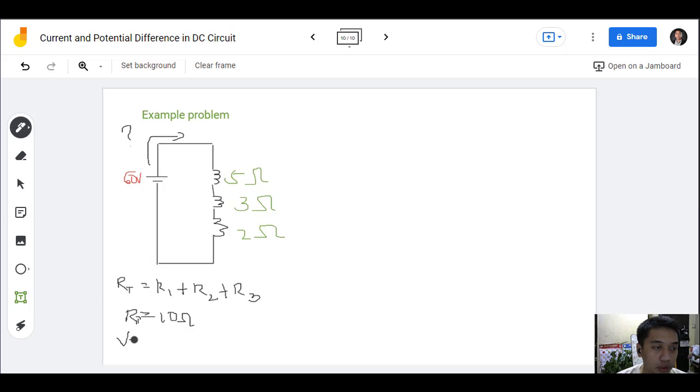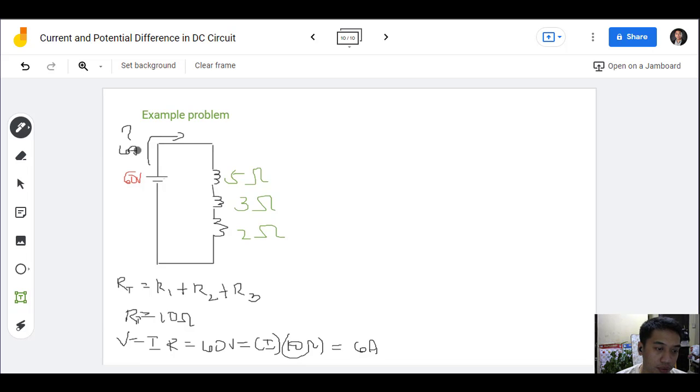So let us use Ohm's law. V is equal to I times R. So our voltage is 60 volts is equal to the unknown current times 10 ohms, our total resistance. So let us divide, that will be equivalent to 60 divided by 10, that will become 6 amperes.